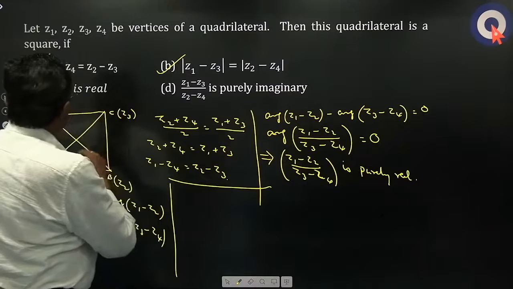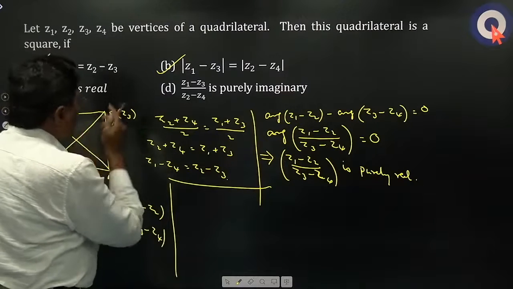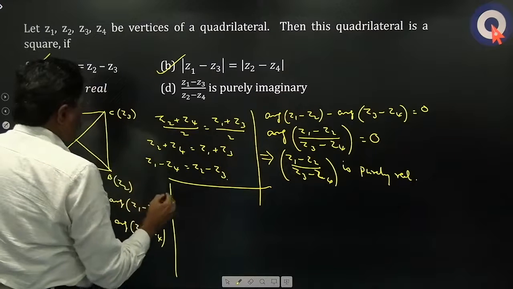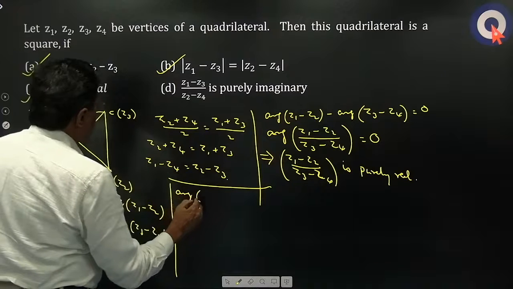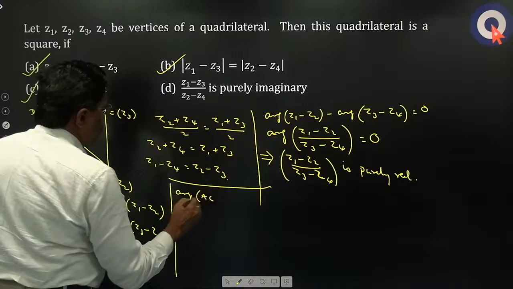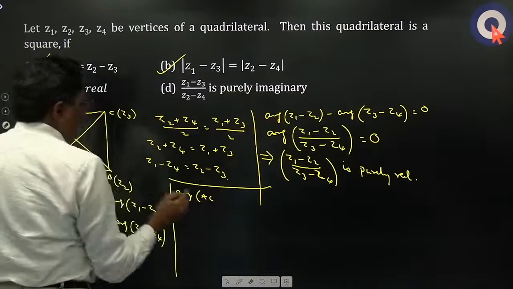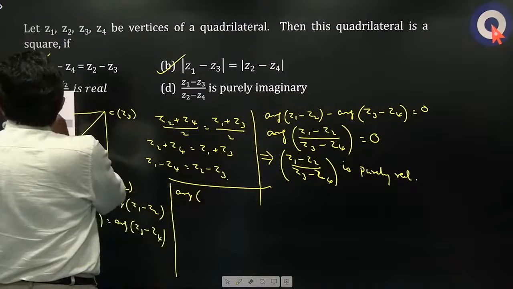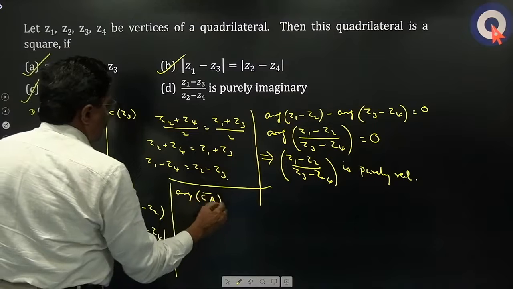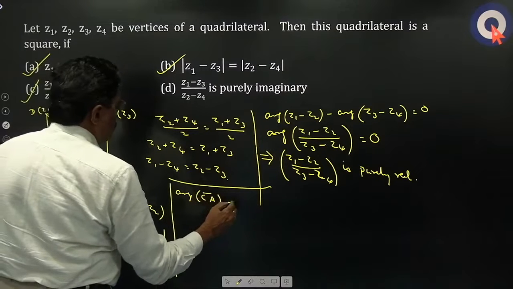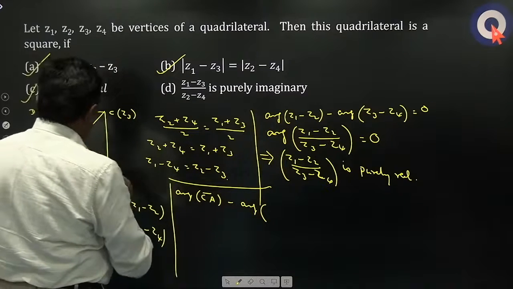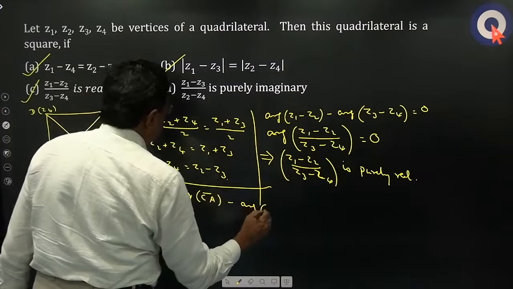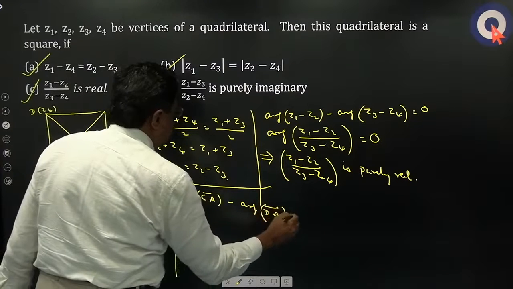If it has to be a square, then the diagonals will be perpendicular to each other, and therefore the argument of AC minus the argument of BD, Z2 minus Z4, should be pi by 2.